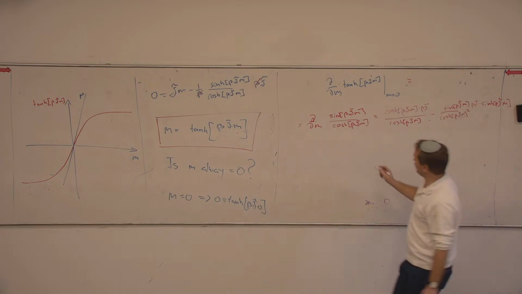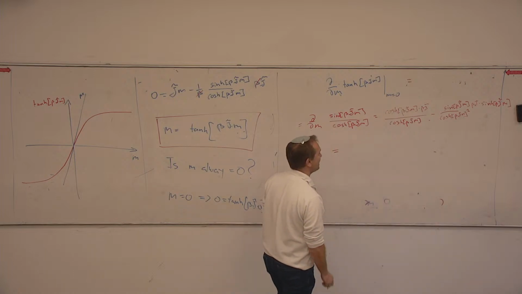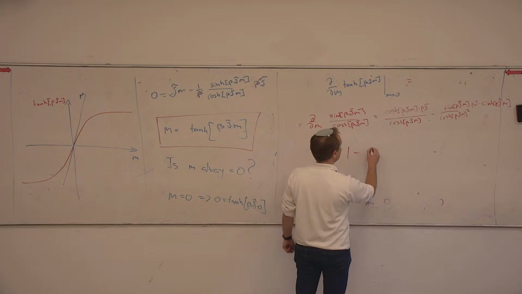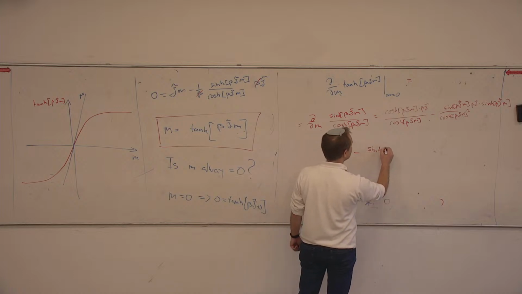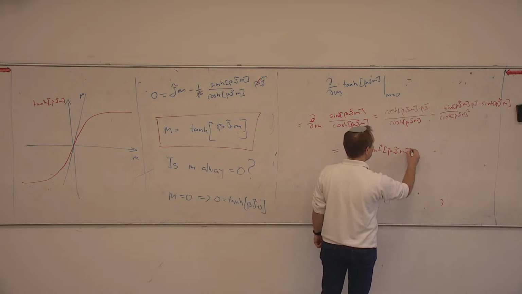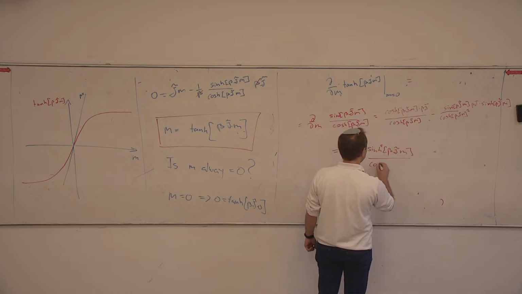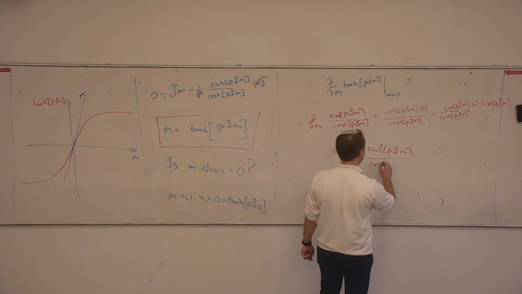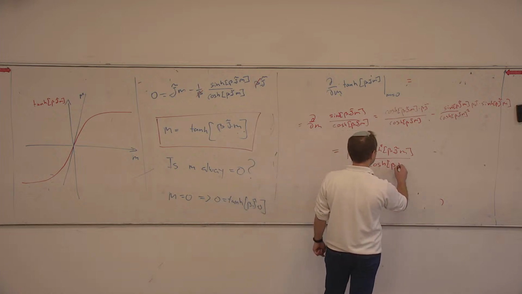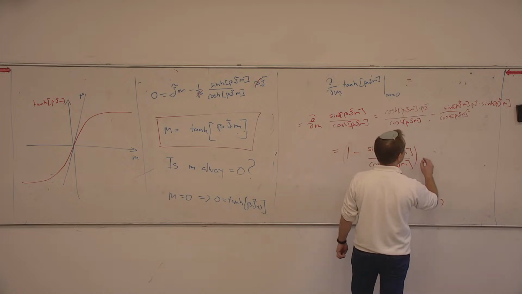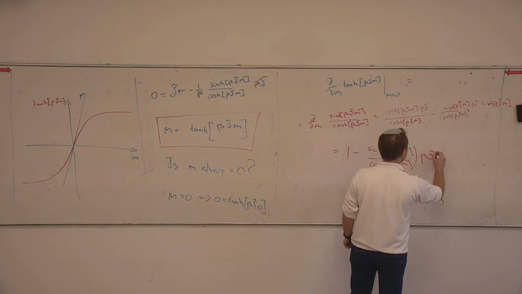So in total we're getting 1 minus hyperbolic sine squared of beta j tilde m divided by hyperbolic cosine of beta j tilde m, all of this multiplied by beta j tilde.